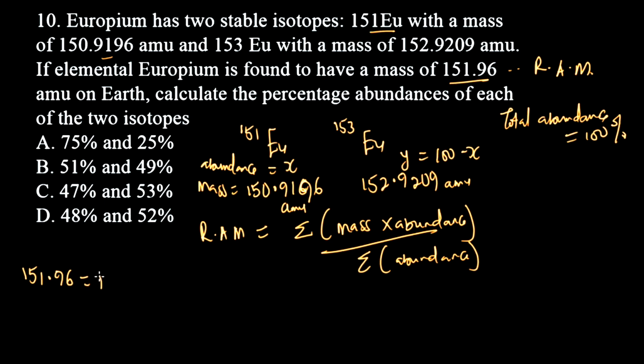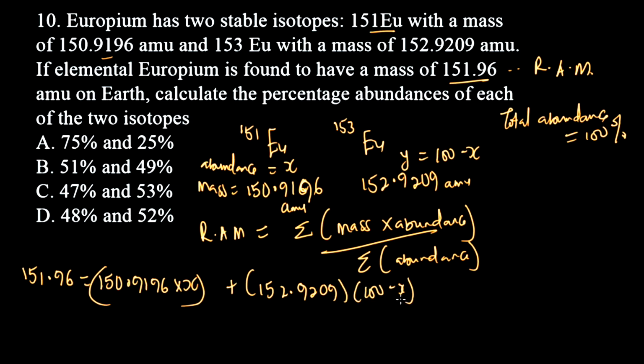So we have 150.9196 times x, plus 152.9209, right, times 100 minus x, over 100.